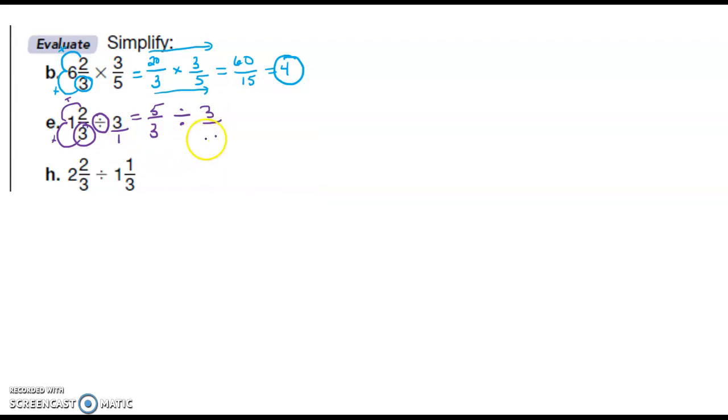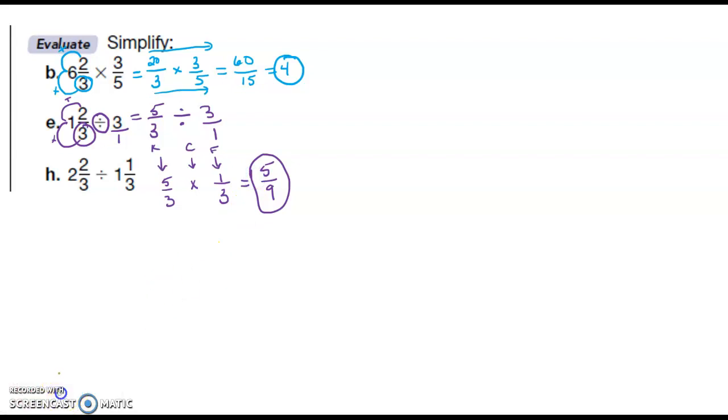Now I can do my keep, change, flip. So I'm going to keep my 4/3, change this to multiply, and flip this to 1/3. And then I multiply across. So 4 times 1 is 4. 3 times 3 is 9, and that is my answer.